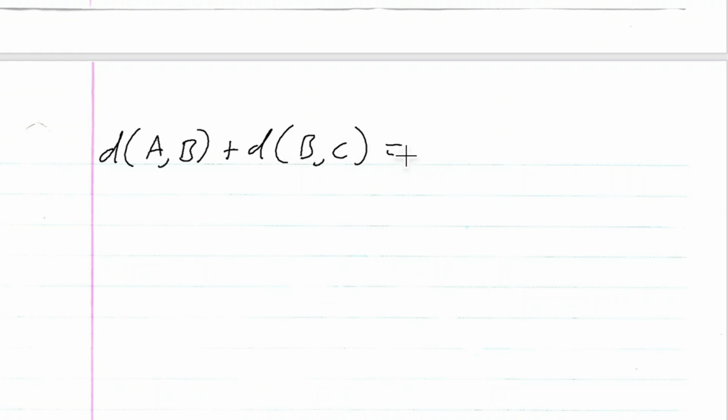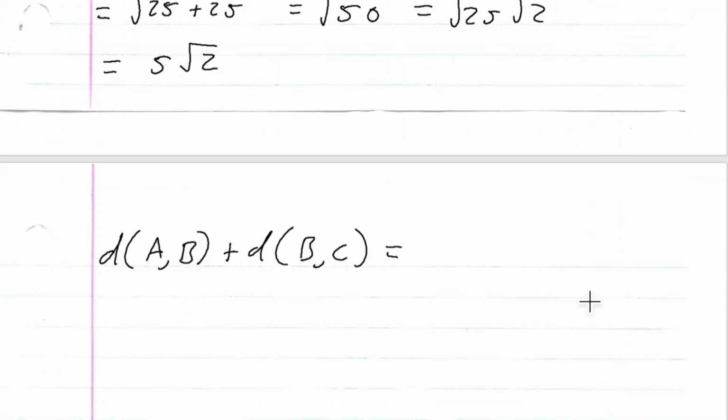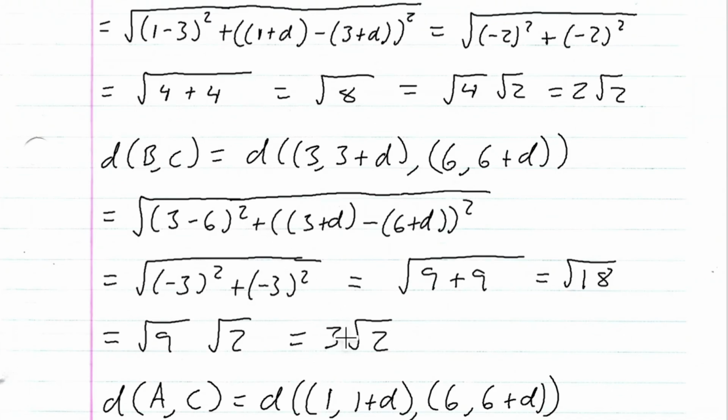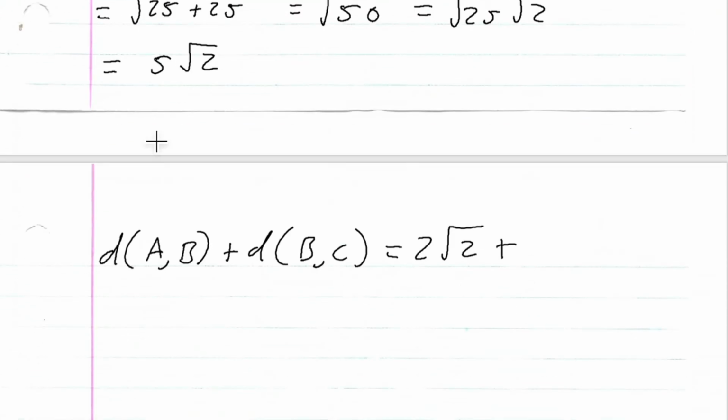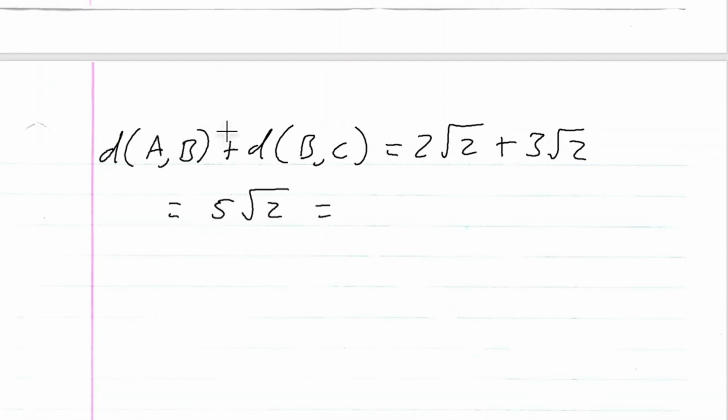So the distance between A and B we found to be 2 square roots of 2, and we found the distance between B and C to be 3 square roots of 2, which is equal to 5 square roots of 2, which we found to be the distance between A and C, right?